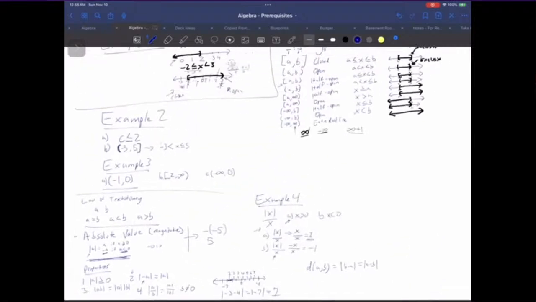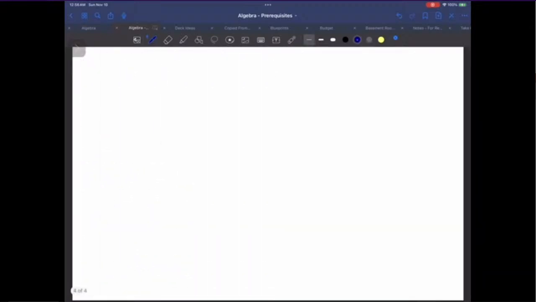So now we're going to write some algebraic expressions. One characteristic of algebra is the use of letters to represent numbers. The letters are called variables.